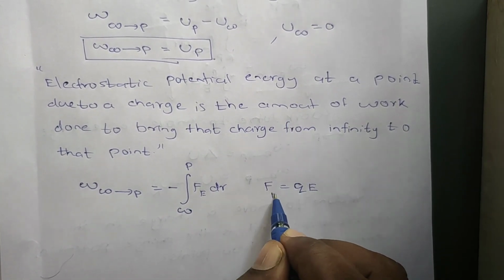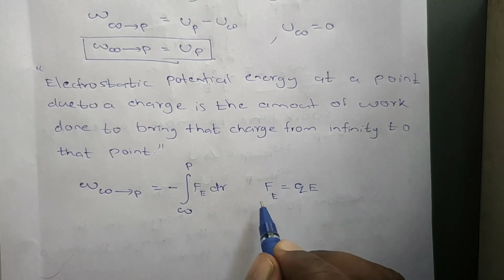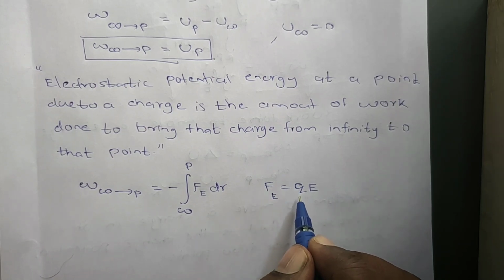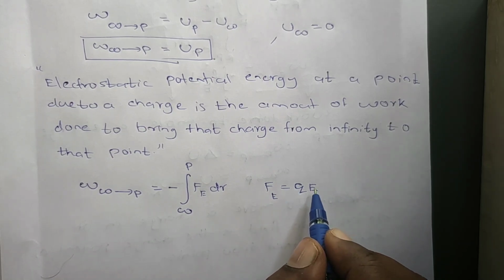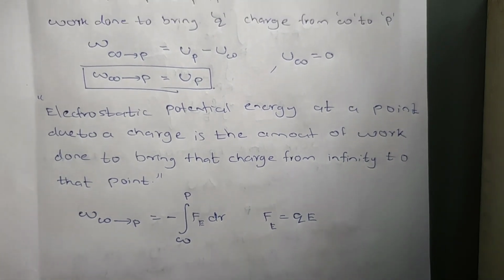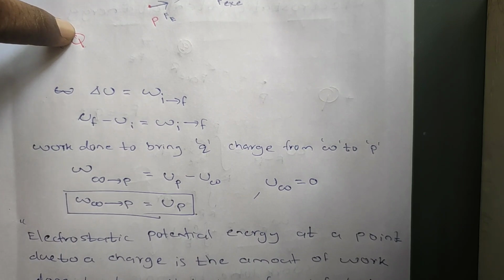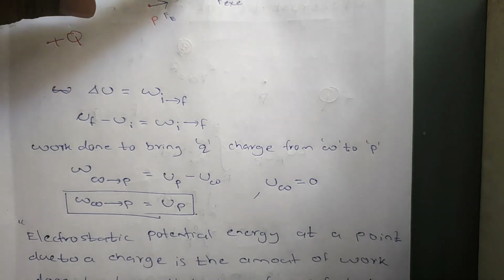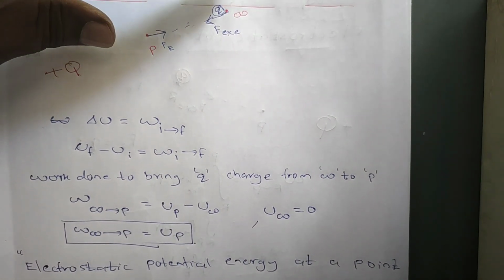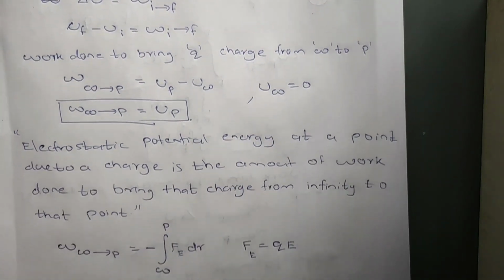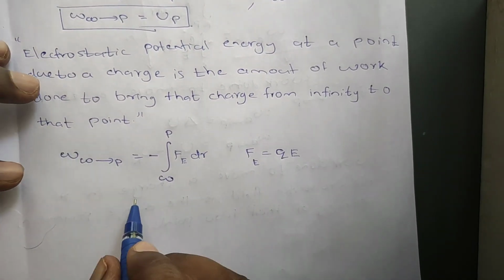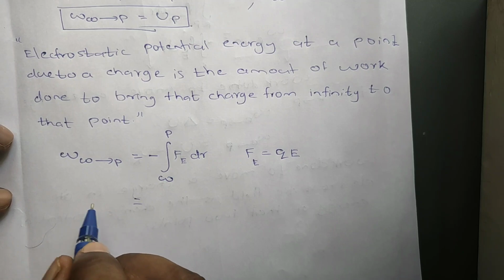This is the force experienced by a charged particle in the electric field. E is the electric field produced by this capital Q charge. The force is experienced by which charge? The bringing charge.